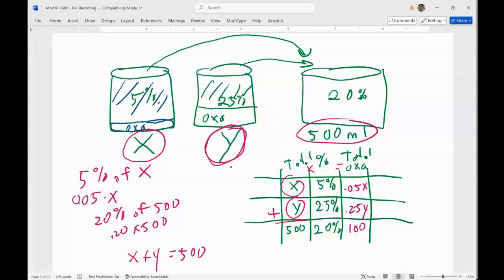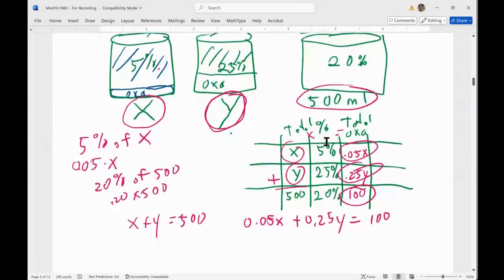And if you think about the marble thing, if you have this many blue marbles in the first one and this many blue marbles in the second one, then this would be the total number of blue marbles. To make a long story short, we're going to say 0.05x plus 0.25y is equal to 100. Those are the two equations that we need to solve.